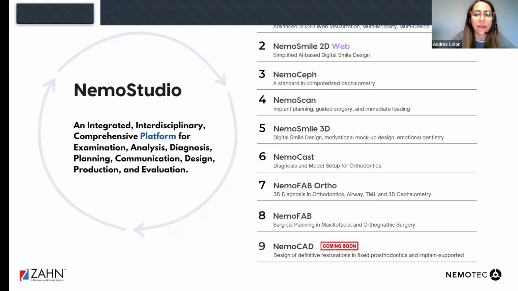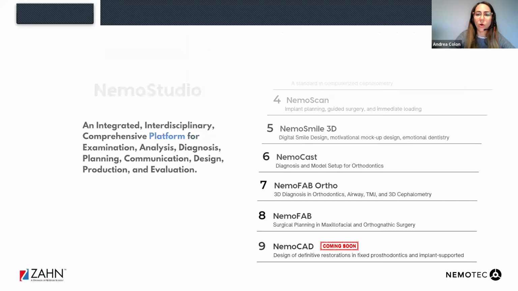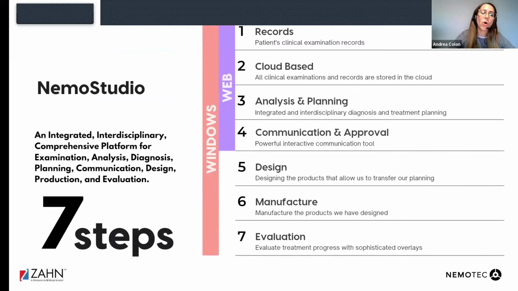In this platform, we have around 8 modules, and number 9 is coming soon. All these modules form an integrated, interdisciplinary, and comprehensive platform for examination, analysis, diagnosis, design, and production. You can have all these functionalities in one platform.